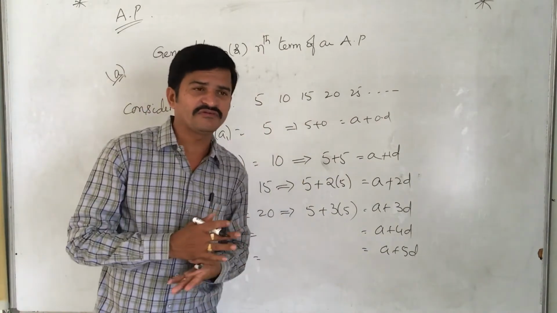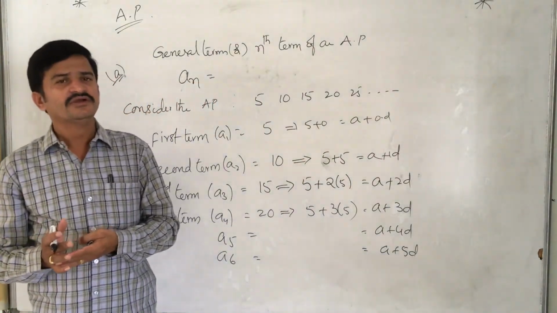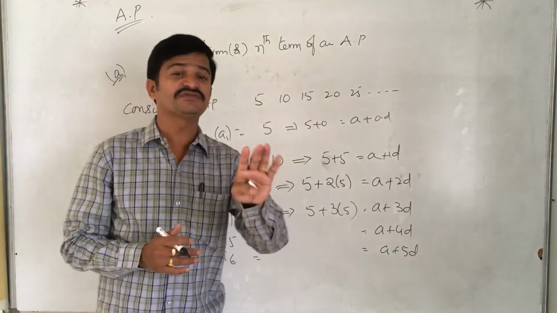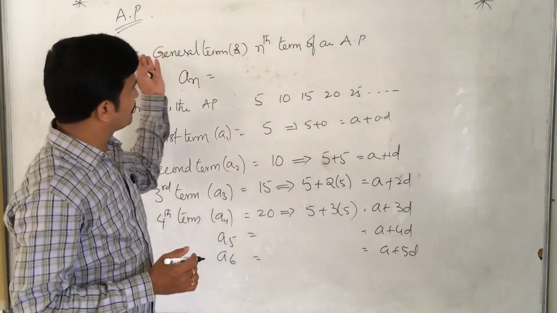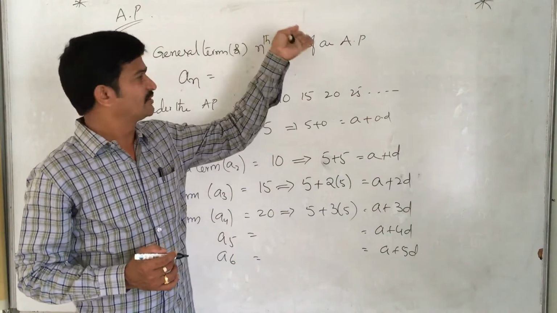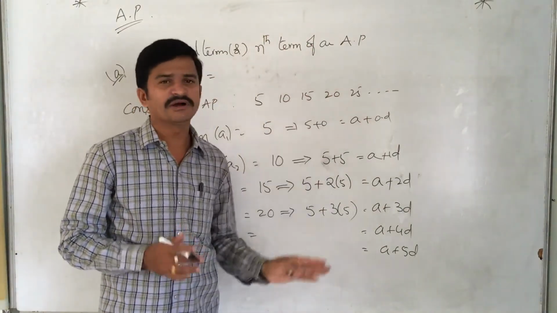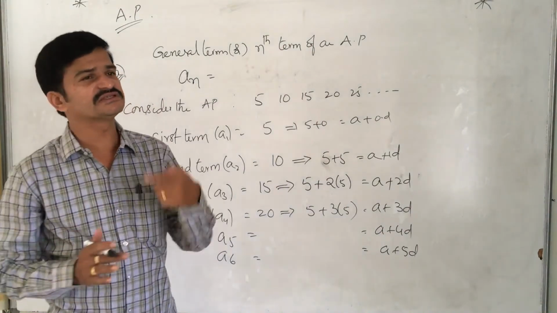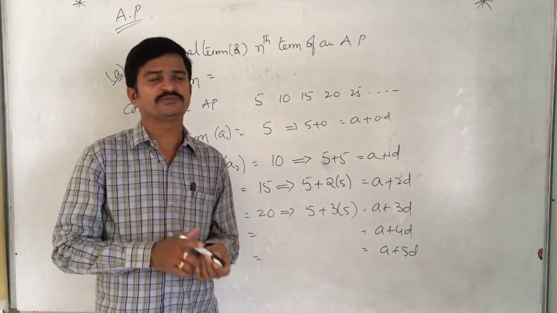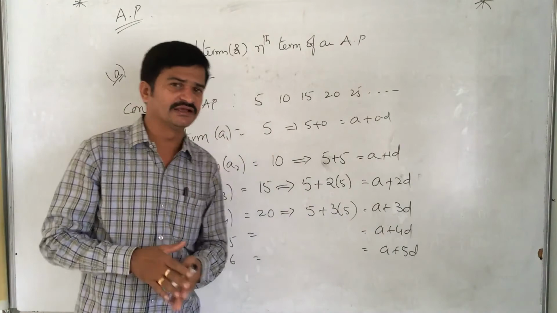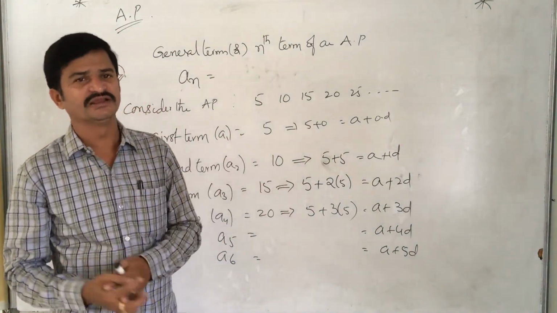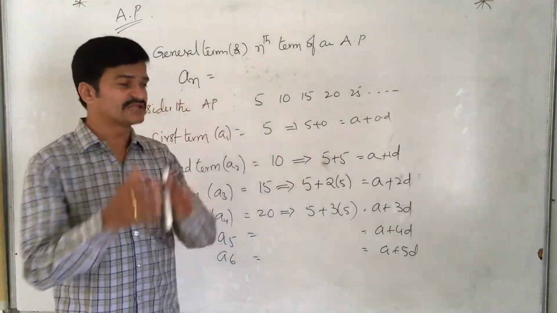What is the 18th term of an AP? A plus 17D. If he asks to express in terms of A and D only. But when coming to an example, you have to find it, and later we will discuss how to find it. But the general terms of an AP, this is the way you can remember that. For suppose the 10th term means A plus 9D, the 8th term means A plus 7D, the 20th term means A plus 19D.